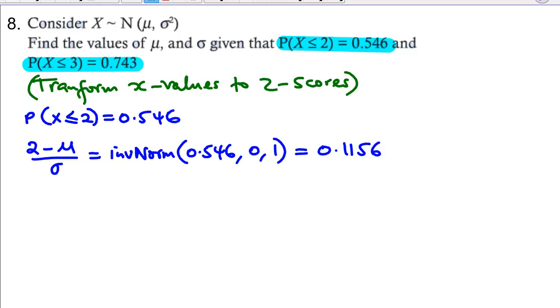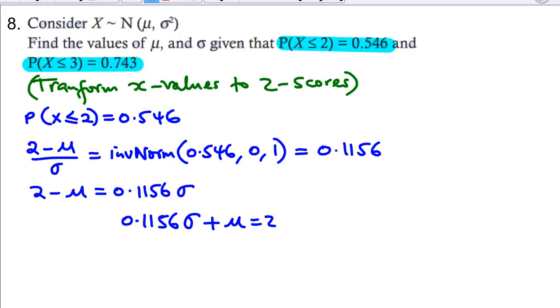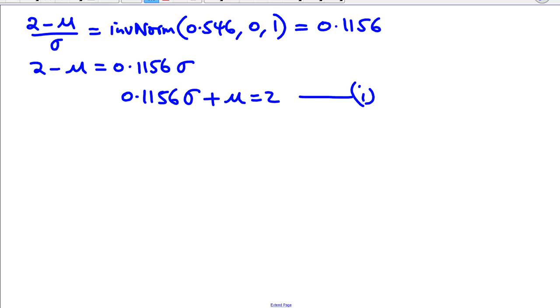And we can go ahead and say 2 minus the mean will be equal to 0.1156 multiplied by standard deviation. And this equation we can write as that, just bringing the mean to the right. That will be equal to 2. And that will be our first equation with two unknowns.